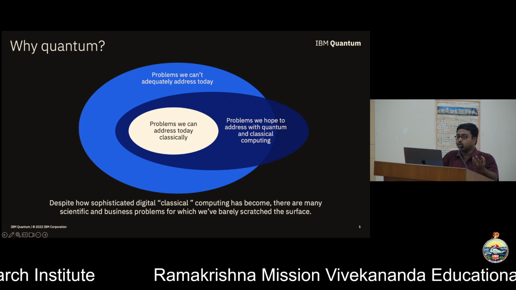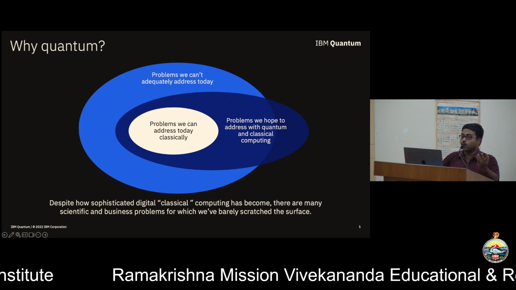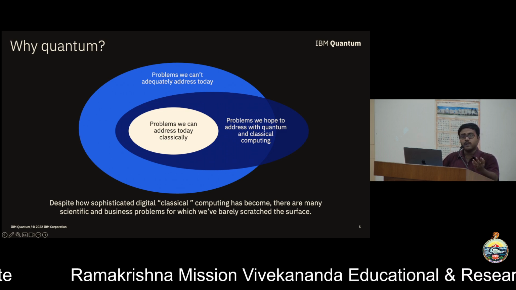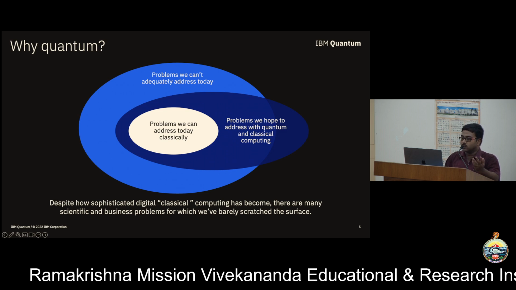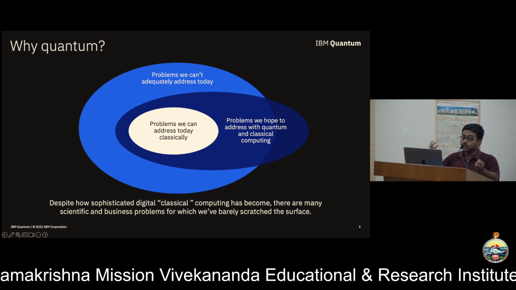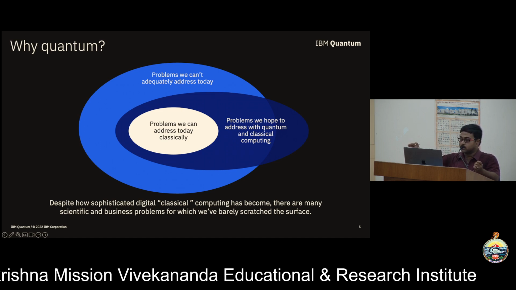It would be a stupid thing to say that I have a quantum computer that can do sorting. No, we can do sorting very well. There are many problems that we can do very well, and there is no point in using a quantum computer for that. But there are problems where, theoretically, there are proofs that a quantum computer can outperform even the best classical computer.